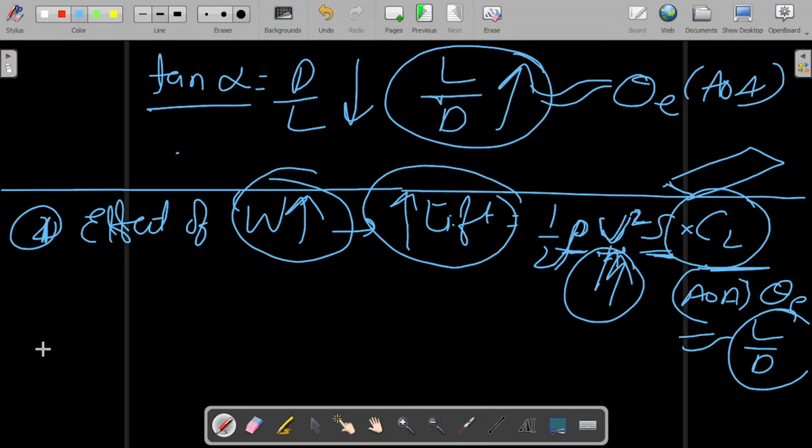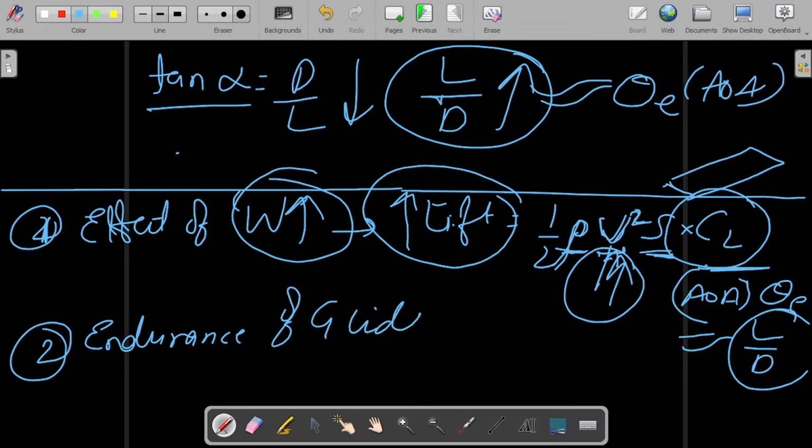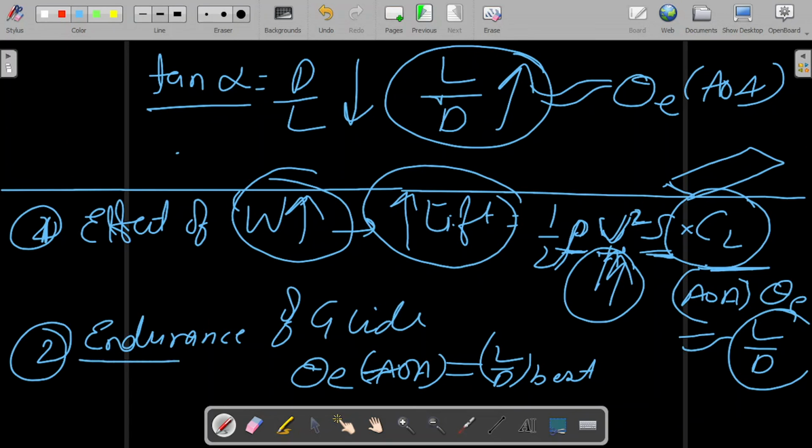I hope you understood this point. The second is the endurance of glide. For endurance of glide, the first point is that the angle of attack should be the efficient angle which I discussed earlier, which gives you the best L by D ratio, and this will give you the best endurance.